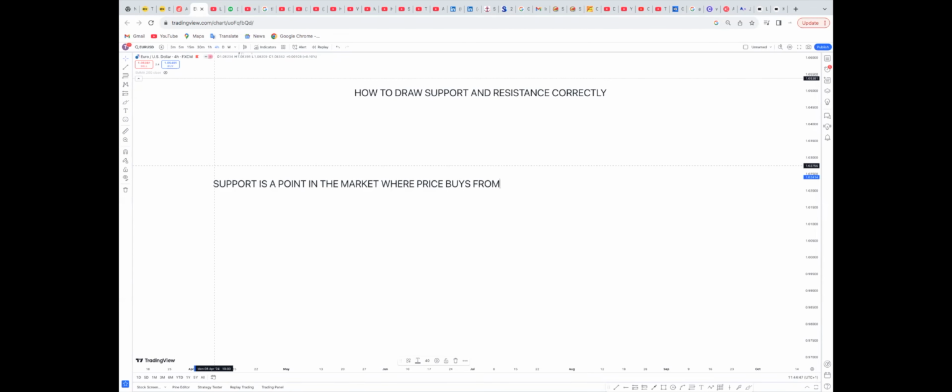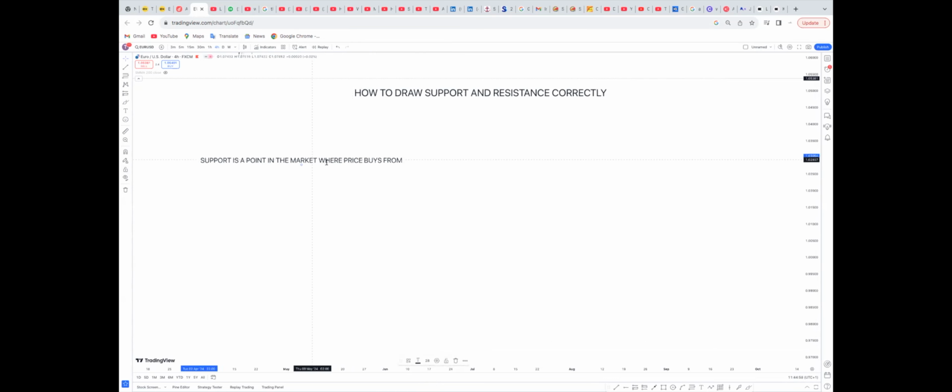This is the basic meaning of support. Support is a point in the market where price buys from, and resistance is a point in the market where price sells from, right? So that's your basic meaning of support and resistance.